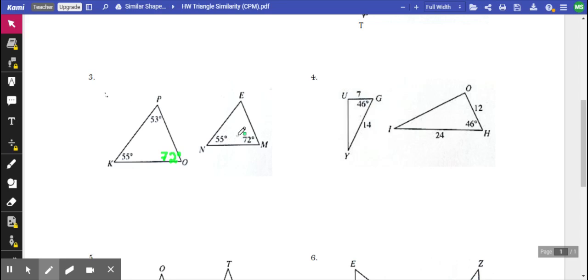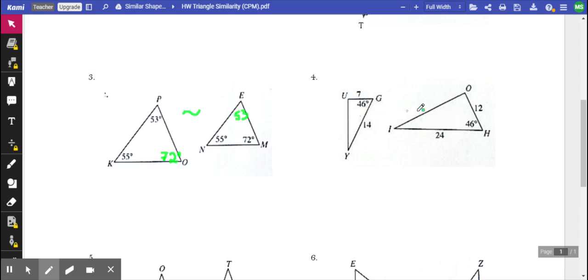Now if we look on the right angle, we have a 55 and a 72. So that would add up to 127, so 180 minus 127 equals 53. So that means that all of our angles are congruent, and we know that these two shapes are definitely similar, unlike number 2 when we determined they are not similar.